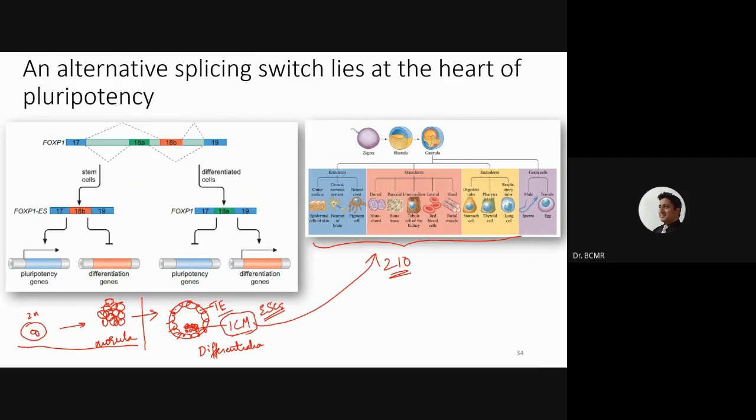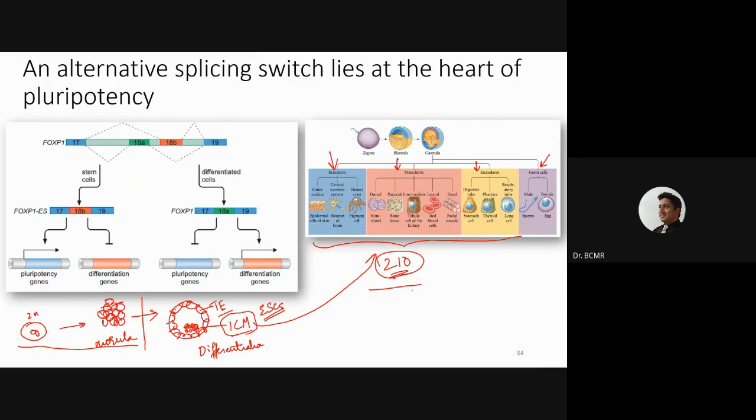If you take them out and culture them, you call them embryonic stem cells, and they are pluripotent. Pluripotent means they are able to give rise to any type of cells within our body. They can give rise to cells that come from ectoderm, mesoderm, endoderm, and also to germ cells.